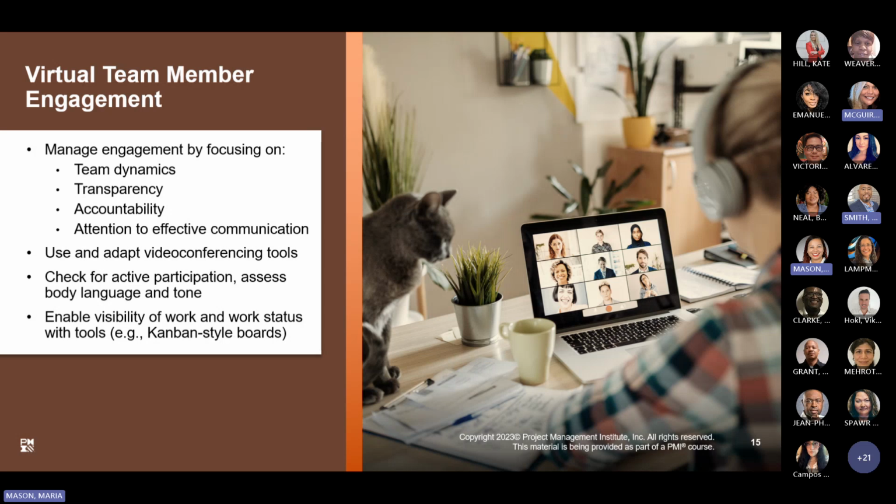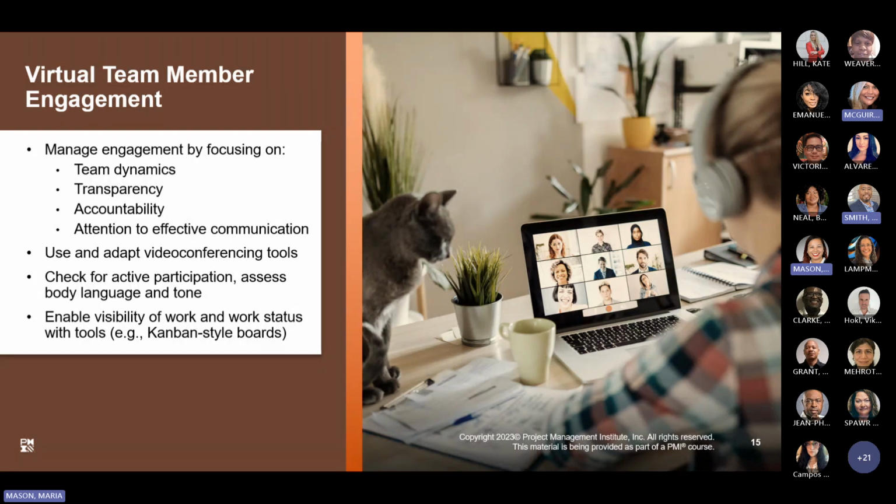And there's a lot of evidence of the criticality of being able to assess body language and tone of voice to ensure that team members have bought into the approaches they're using to solve problems. So you want to think about making sure that you're using and adapting video conferencing tools, that you're constantly checking for active participation and assessing for body language and tone with your virtual members, which means you want to ensure that you have good camera time.